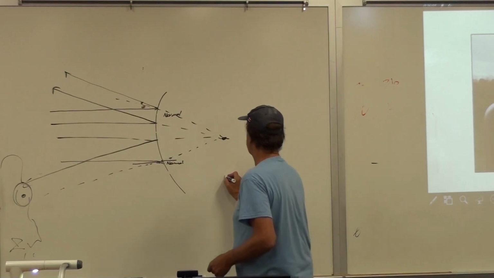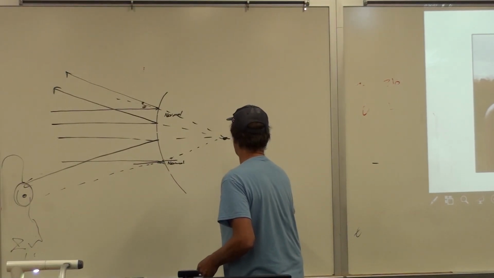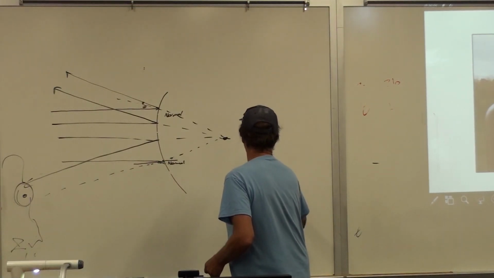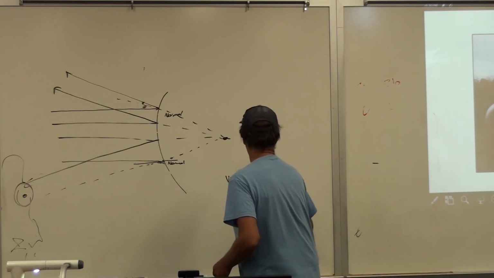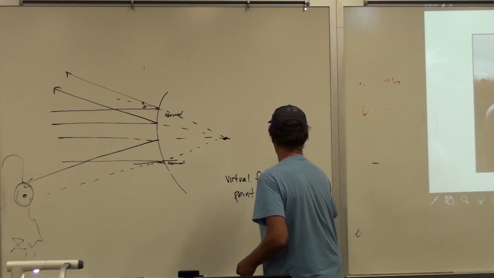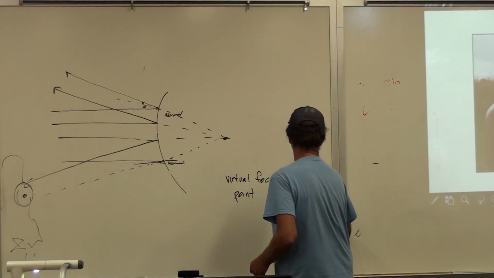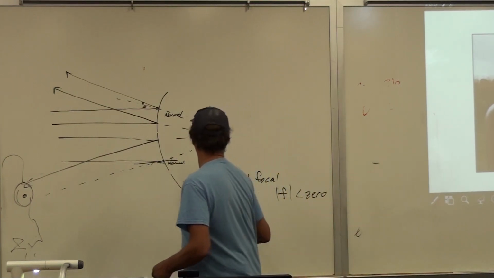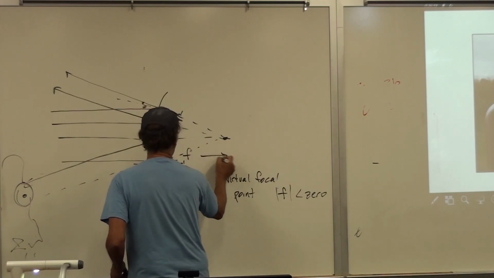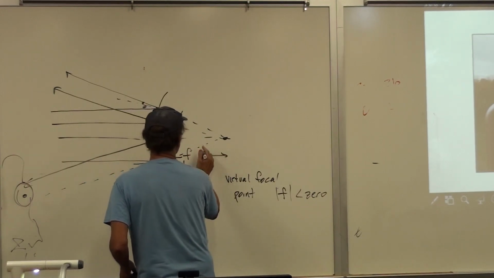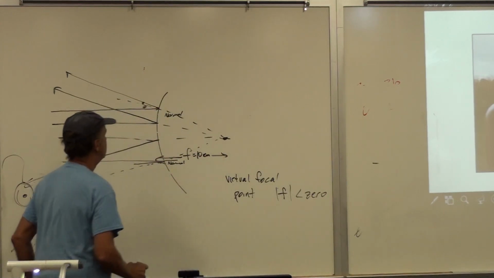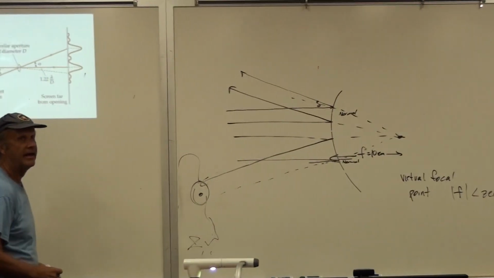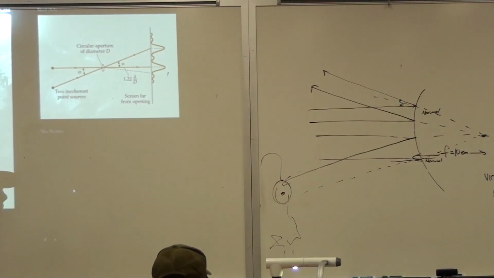And so we call this then a virtual focal point. And the magnitude of f is less than 0. Okay, so this is f. But in this case, let's make it negative 10 centimeters instead of plus 10, as we had in the other example.